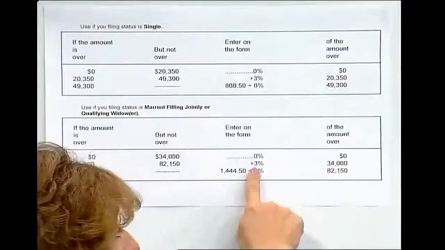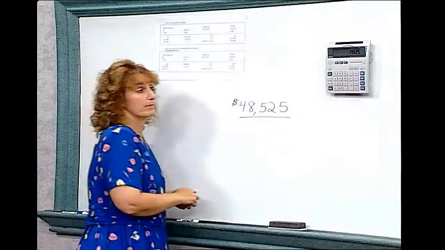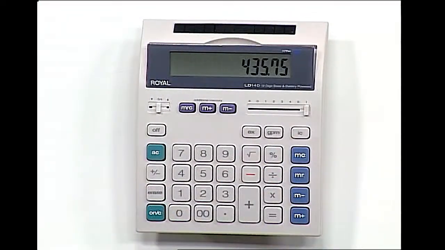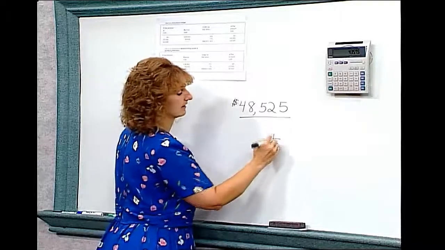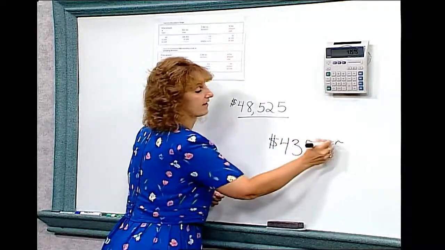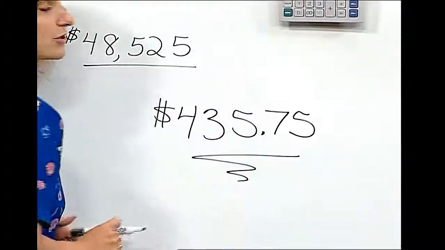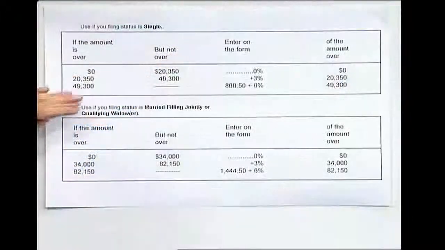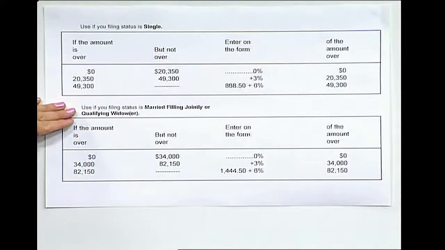That's the part they need to pay 3% on. We multiply by 3% and we find that their tax is $435.75.